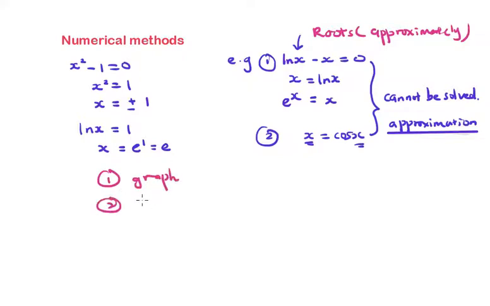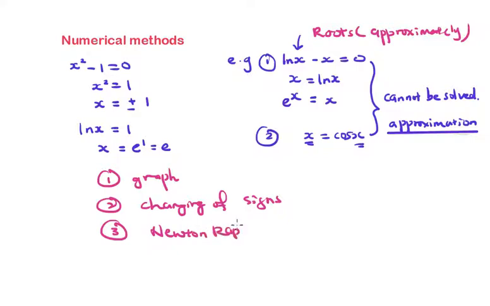Second method, we search for a change of sign. And the third method, we can use the Newton-Raphson method to find the approximate root for those equations that cannot be solved directly. Let us start with the graphical method.